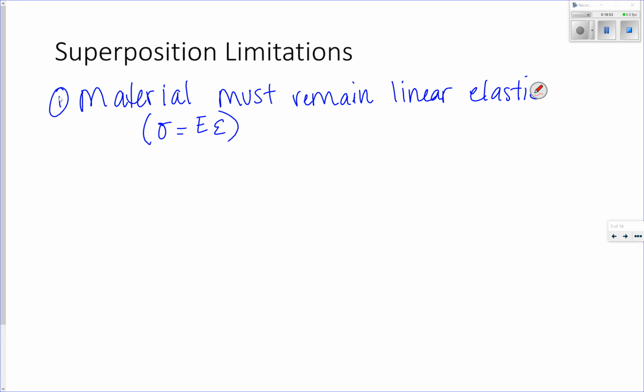If I go back to my superposition limitations, I have one more. Superposition only applies to small displacement.